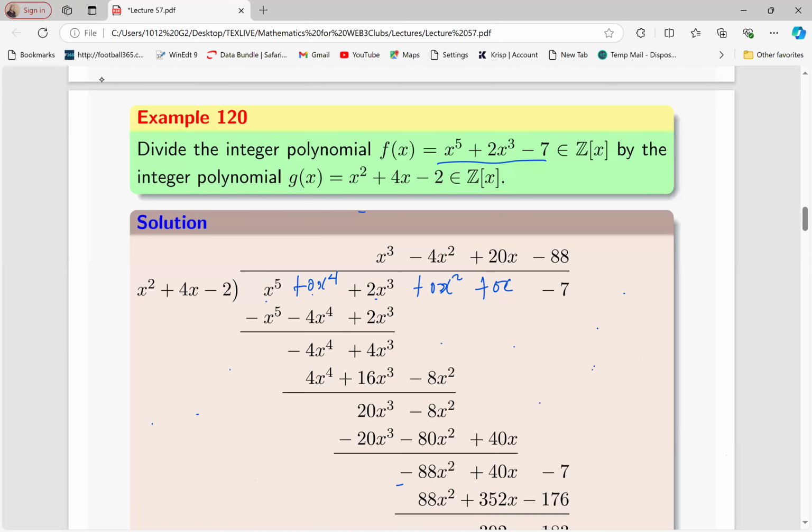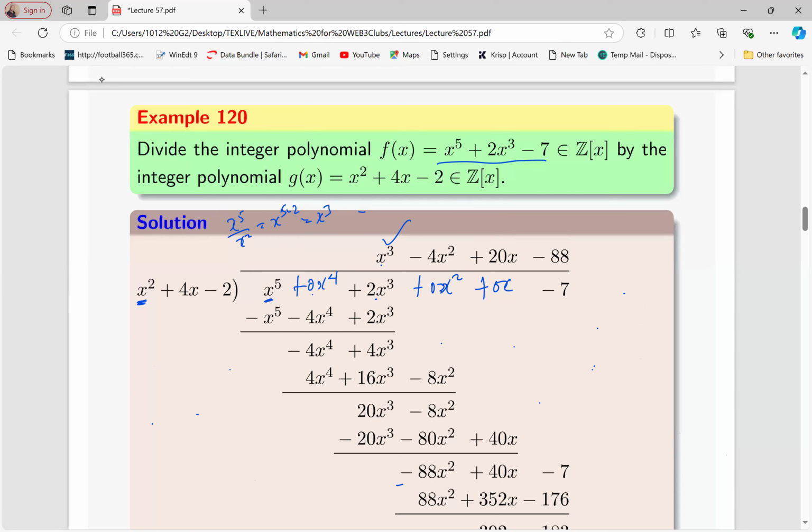So again, what I said was, how many times does this go here? So you just divide it. x raised to 5 over x squared will be the same as x to the power 5 minus 2, which is x cubed. That's what I write.